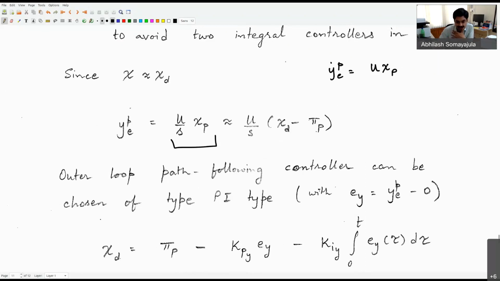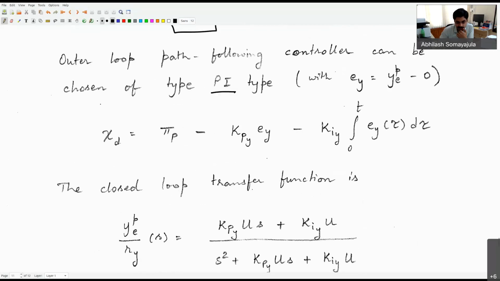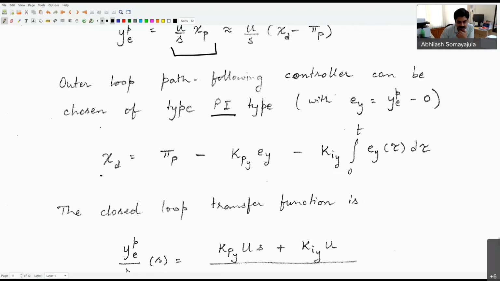So therefore now the idea becomes I want to drive this using a PI control type, proportional and integral control type, such that YPE becomes 0. And then what am I doing there? I'm simply specifying my desired heading angle as pi p minus Kp times EY.